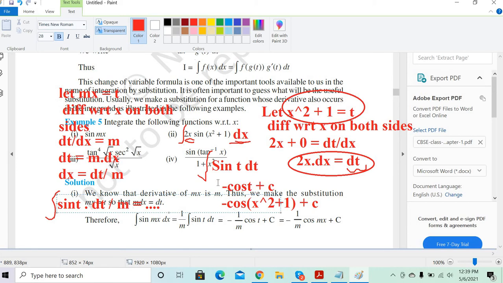You understood, right? How to substitute now? You're clear about the substitution? Yes, sir. Excellent, Vijay. Just try out the sin mx and let me know the answer for it.